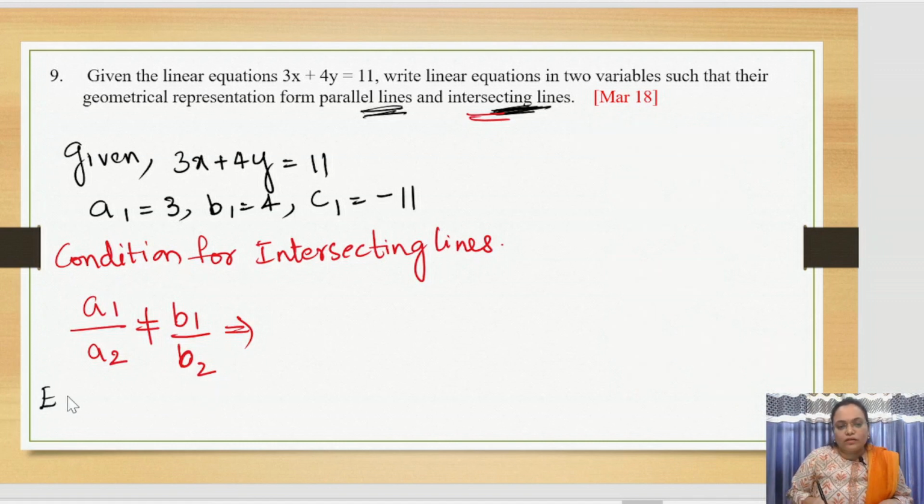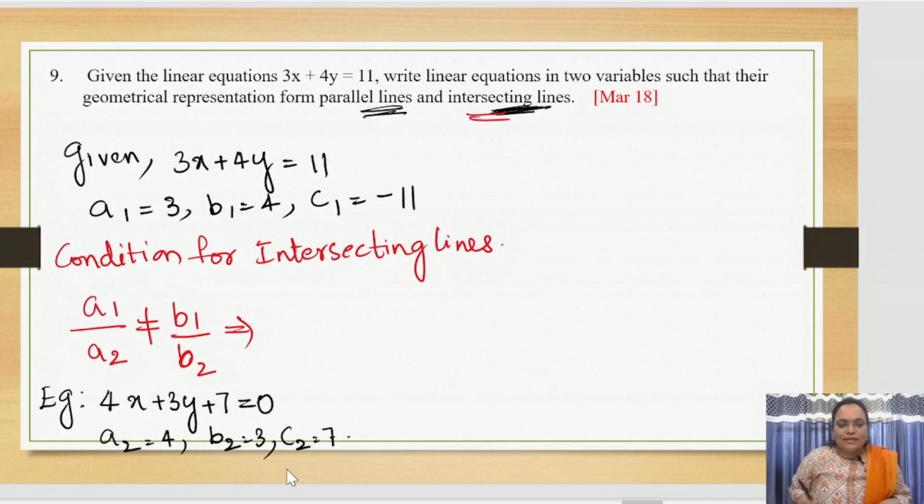For example, let us take the equation 4x plus 3y plus 7 is equal to 0. From this equation, I can get a2 is equal to 4, b2 is equal to 3 and c2 is equal to 7. Now substitute here.